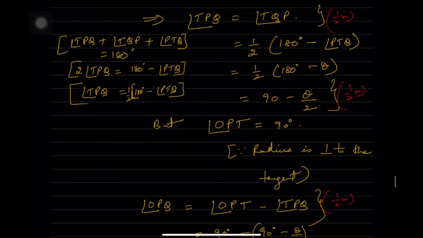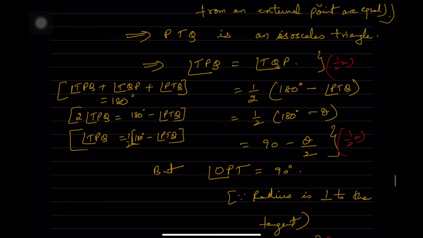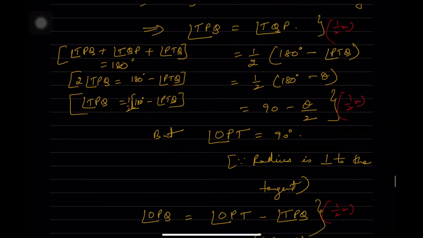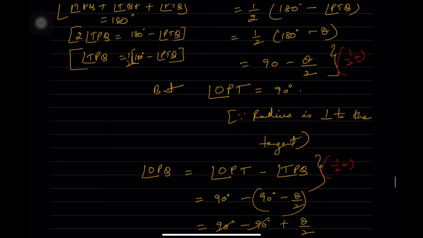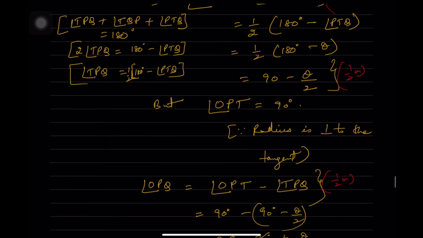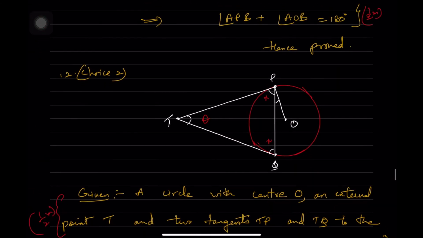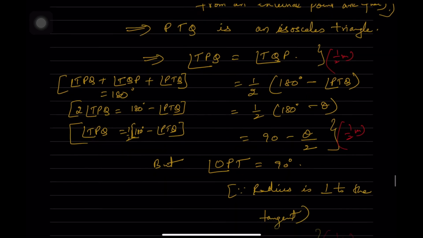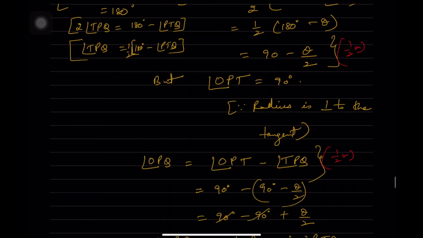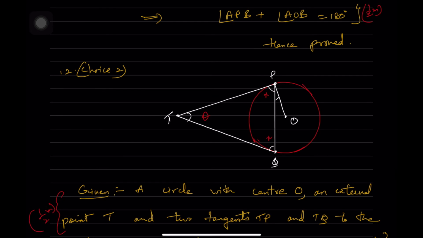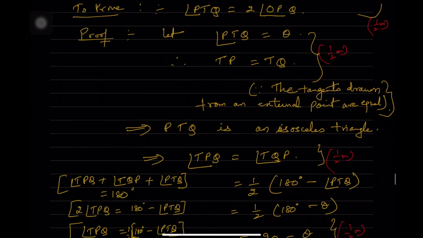But angle OPT is equal to 90 degrees since the radius is perpendicular to the tangent. Therefore angle OPQ is equal to angle OPT minus angle TPQ, isn't it?